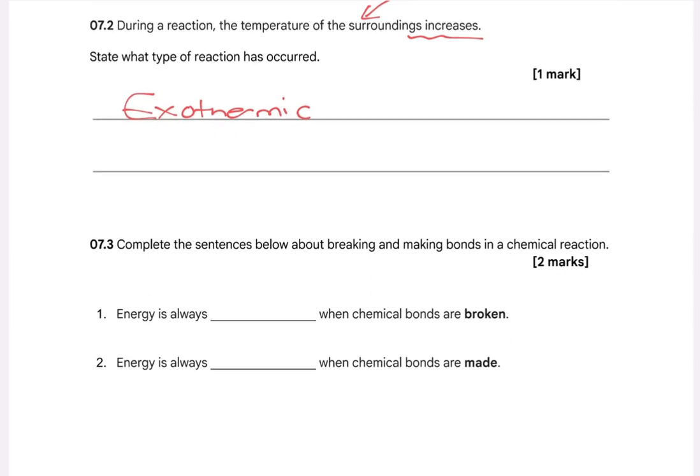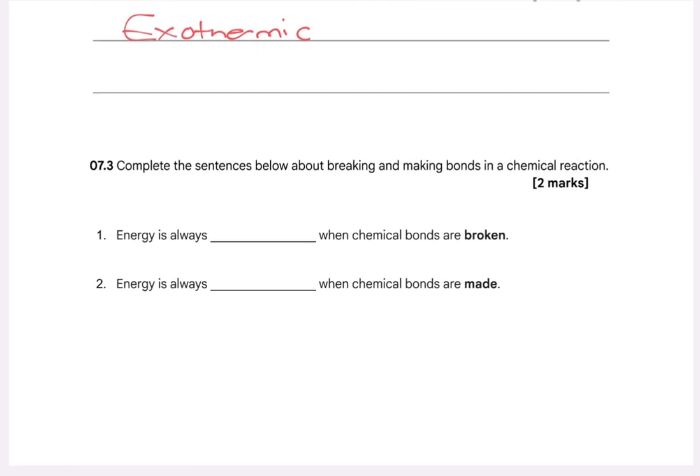Now, in exothermic and endothermic types of reactions, what's occurring there is a balance between the breaking of chemical bonds and the making of chemical bonds. Those bonds are broken in the reactants, and they are then made in the products.